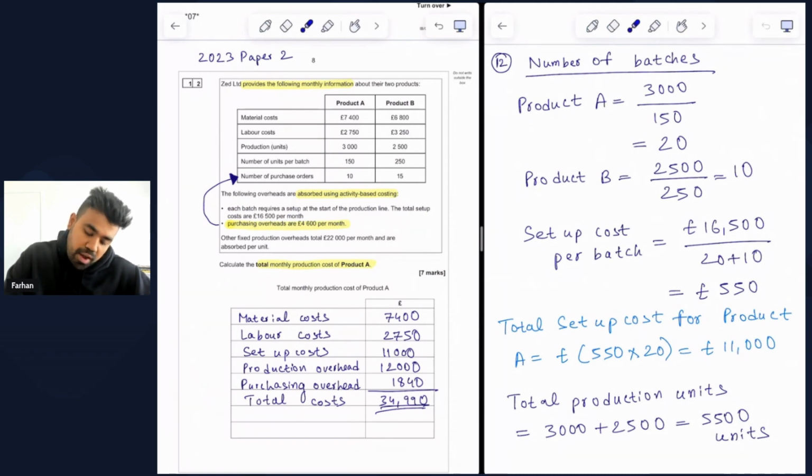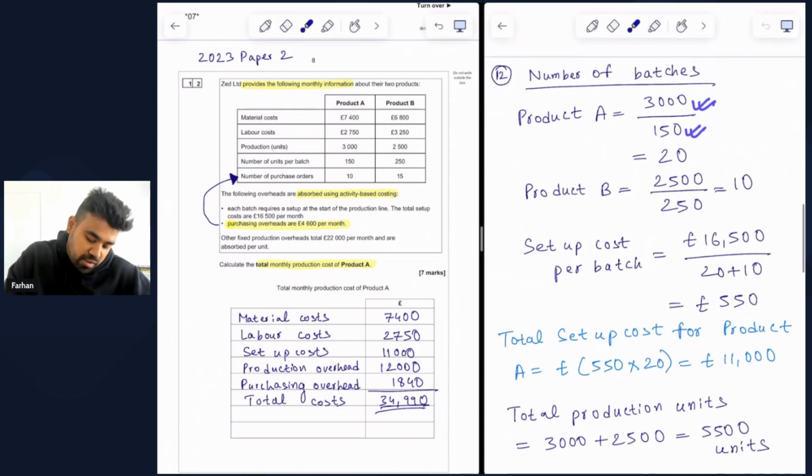We know that for product A, we are producing 3,000 units, and the number of units per batch that we produce are 150 units. So this is the information that you can see within these two rows of the table, production in units being 3,000 and the number of units per batch being 150.